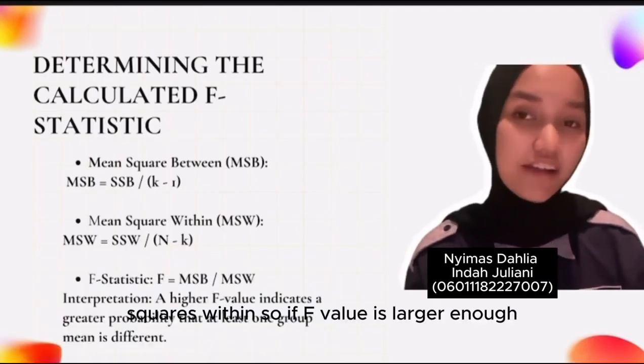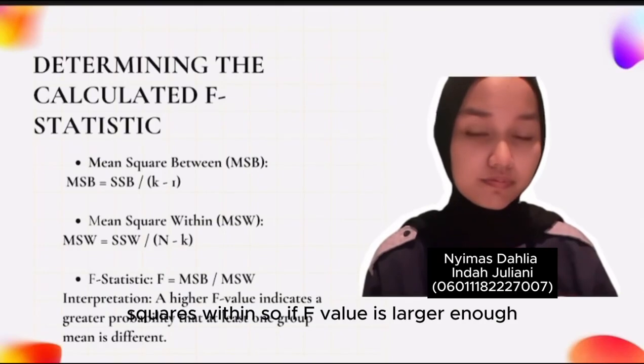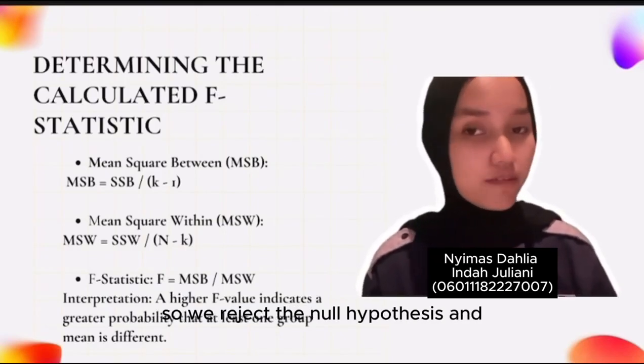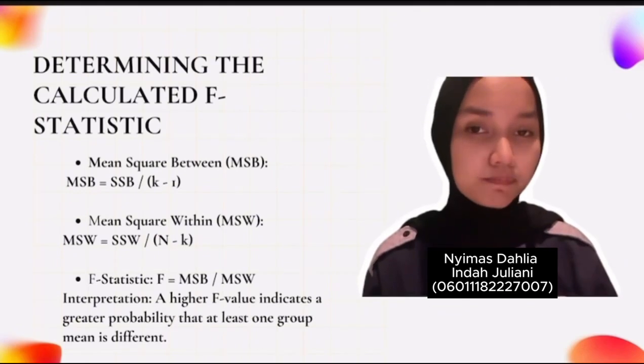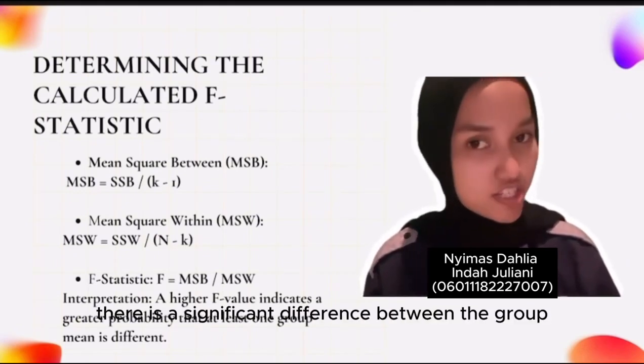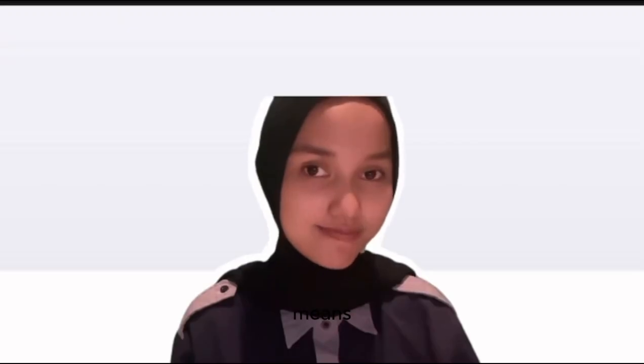If the F value is large enough, we reject the null hypothesis and conclude that there is a significant difference between the group means.